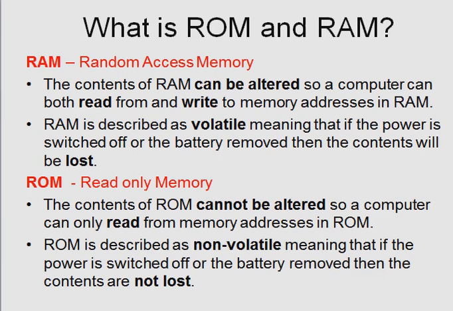RAM is described as volatile, meaning if you switch off your system, then the matter present in the RAM will go off, which means your data will be lost from the RAM. What is the purpose of RAM here? RAM is a very fast memory.